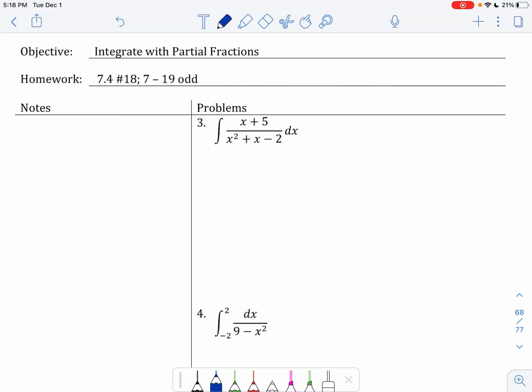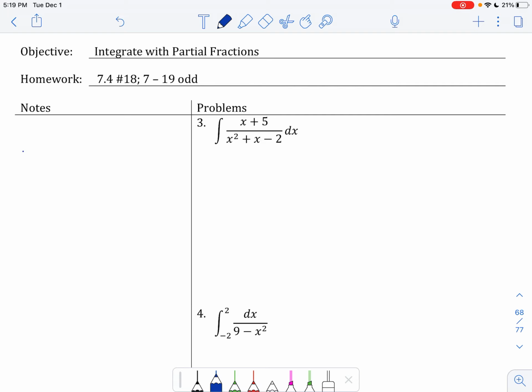Now, partial fractions are a method that you're going to use when you see rational expressions like this, where you have a numerator and denominator with polynomials, and certainly with things that you can factor. We've talked a little bit about partial fractions in pre-calculus, and I want to remind you what this is coming from.